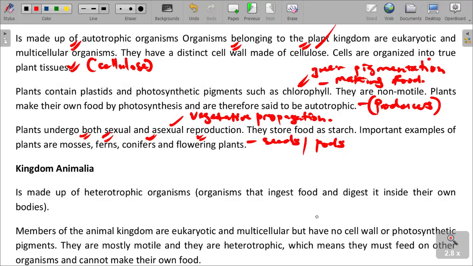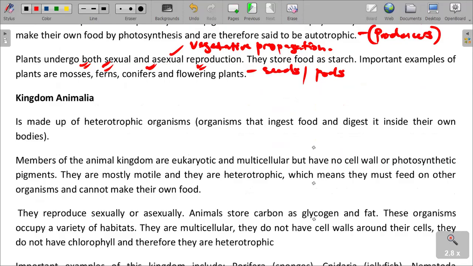And the kingdom Animalia, which is the last one. These are the characteristics that you are seeing. It is made of heterotrophic organisms, which we say ingest food and digest it inside their own bodies.